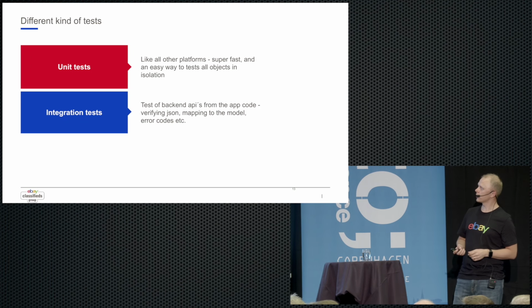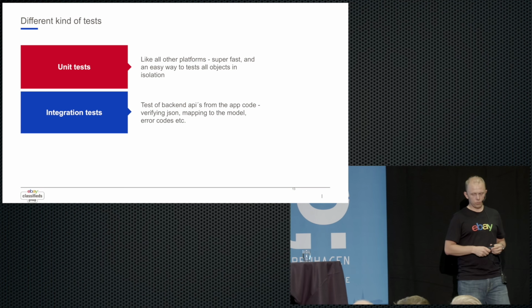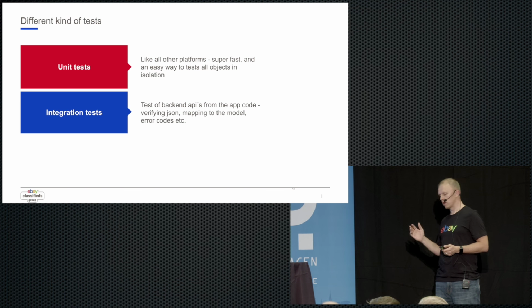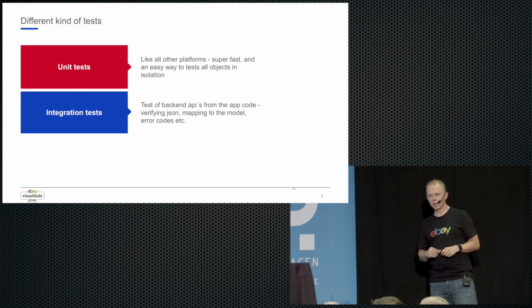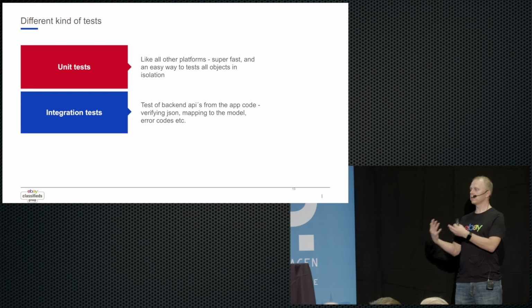Then we do have integration tests, and there are many different opinions about what an integration test is. We mainly use it for actually testing our whole service layer from the app, making sure that we get the expected JSON back, that we can parse it into our models, and that they contain the data we expect.